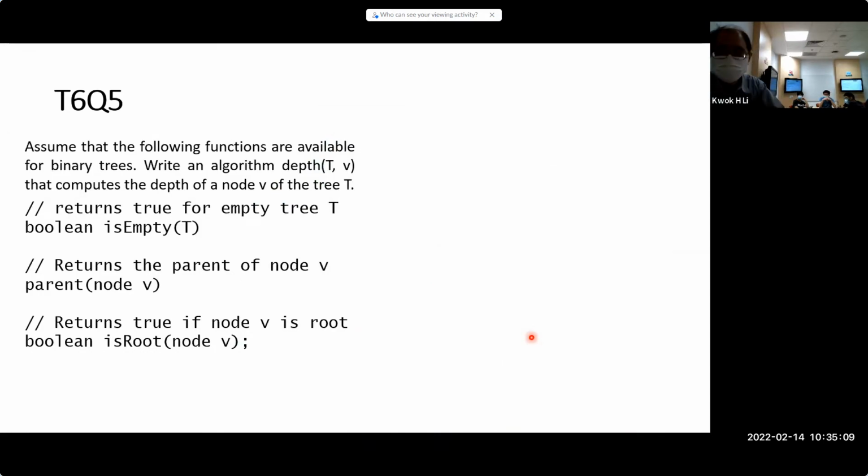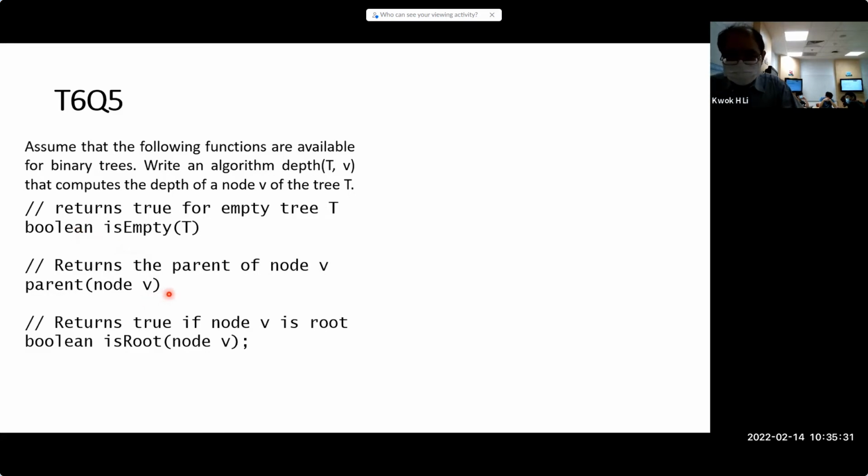Next, what's that? We are given some functions, just like in C, you have some functions. So this function here returns true for an empty tree. So it will ask you, is it empty? Yeah, something like that. So empty is a Boolean, means true or false.